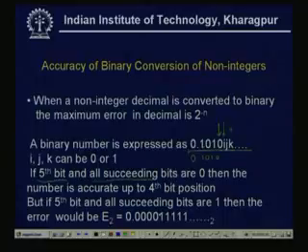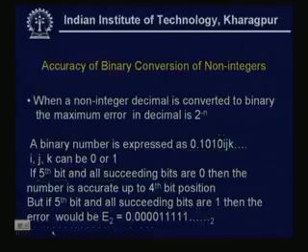Up to the 4th decimal point the value was given in binary, and now I am taking these as 0, while the i, j, k values and succeeding values are 1. These values should have been incorporated in the binary number, but we have dropped them, so this is defined as an error.